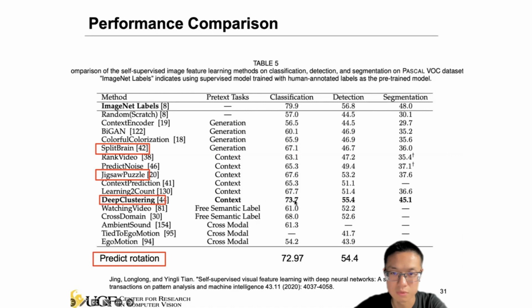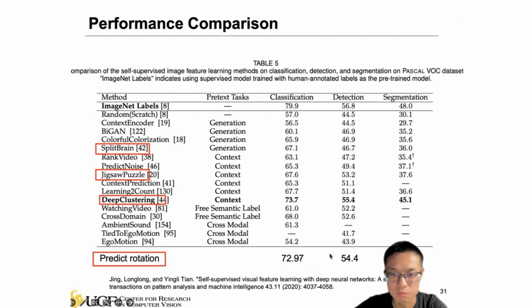Deep clustering is able to achieve 73.7 classification accuracy. If you compare with the supervised training, the ImageNet label, we consider this the upper bound. So here we only have about a 6% gap. It's getting close to the upper bound.